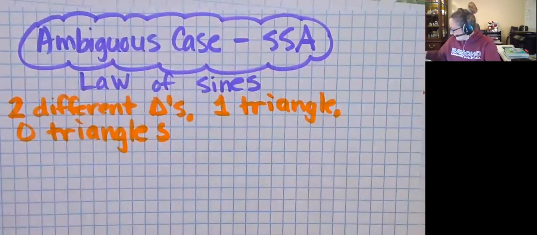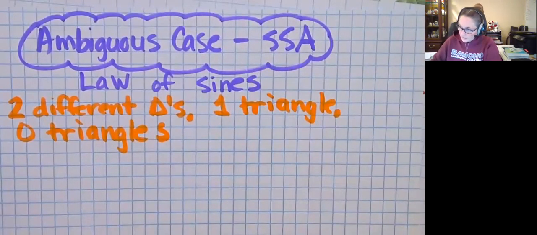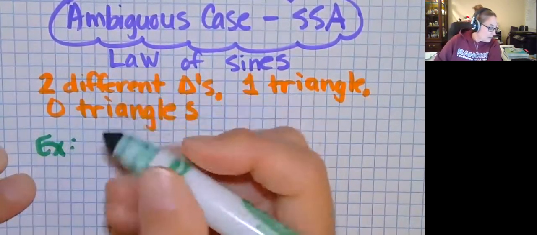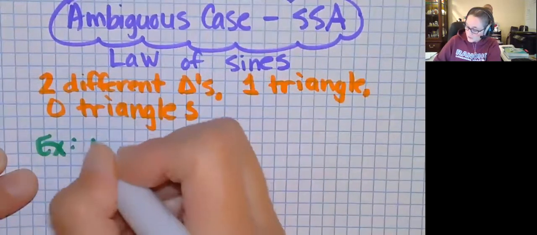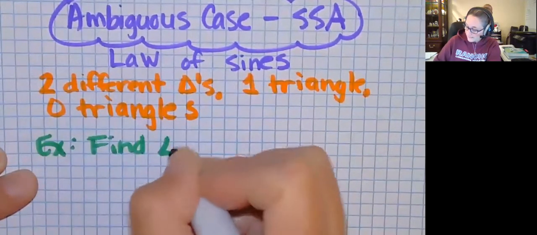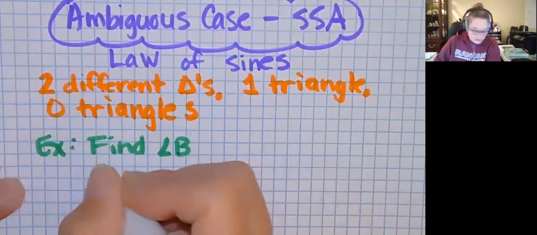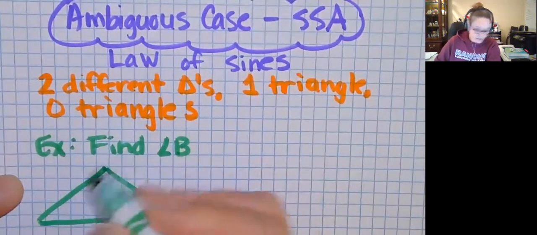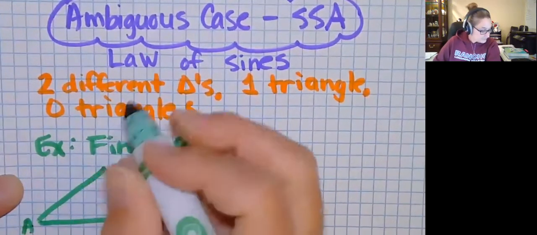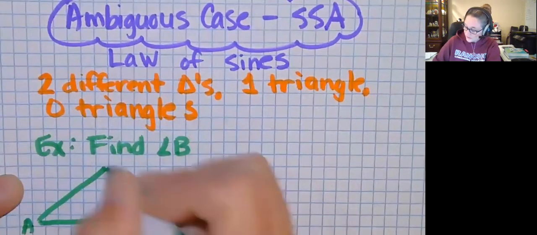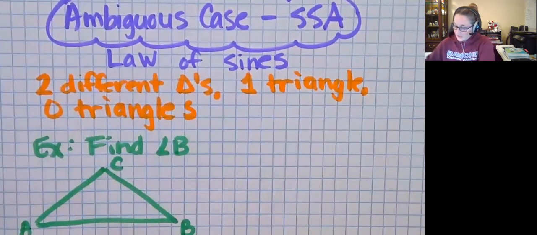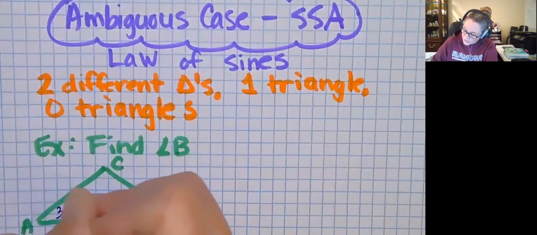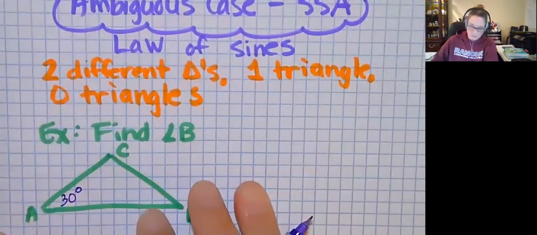Okay, so the first one, let's say that for this example, we want to find angle B, okay, the measure of angle B, and let's say that this is A, this is B, this is C, and we are going to have this one be 30 degrees every time in the three examples.